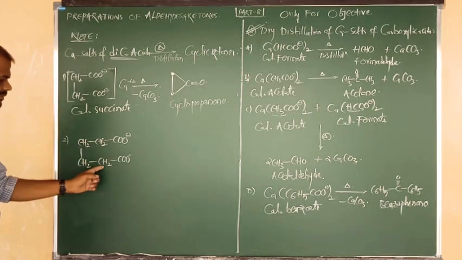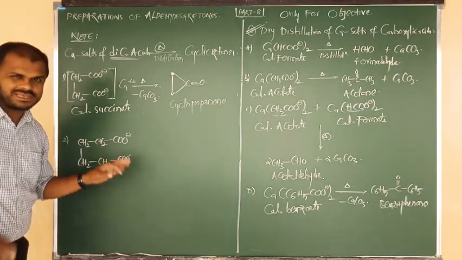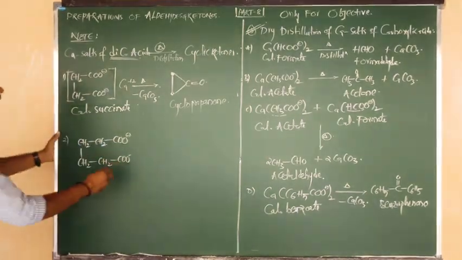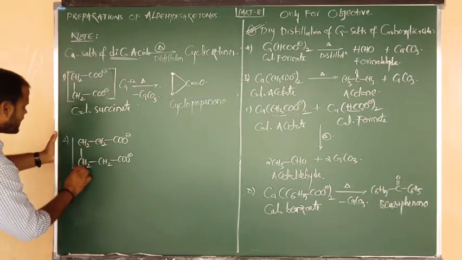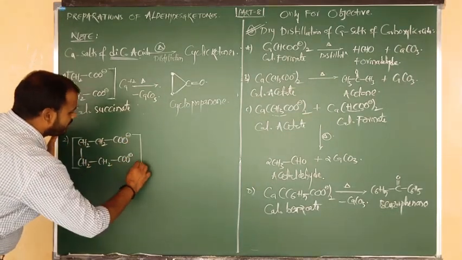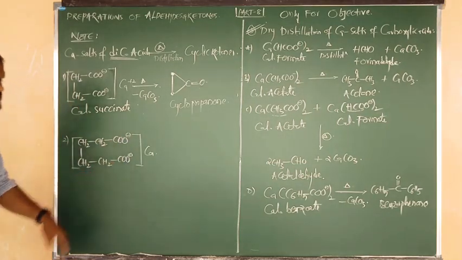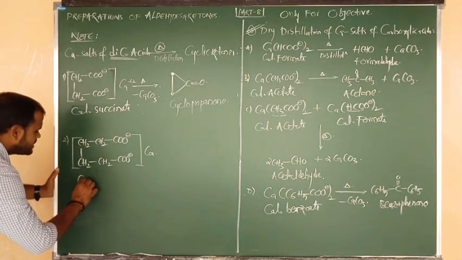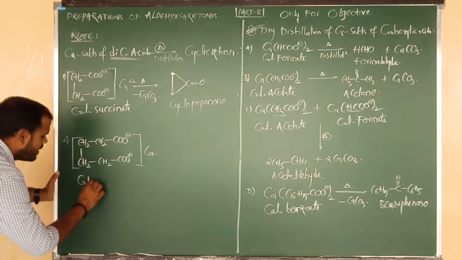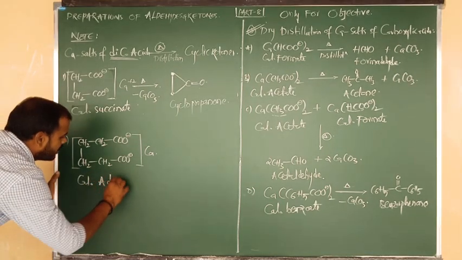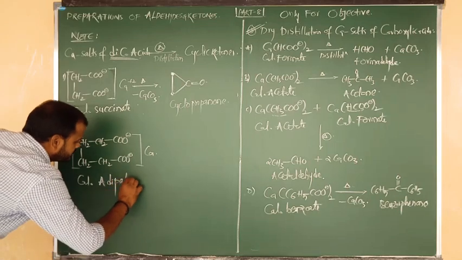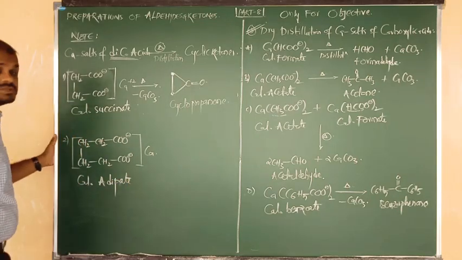So with four CH2, this is called adipic acid. We want the calcium salt of adipic acid. Ca carries +2 and each carboxylate has -1. This is the calcium salt of adipic acid, and the short name is calcium adipate.